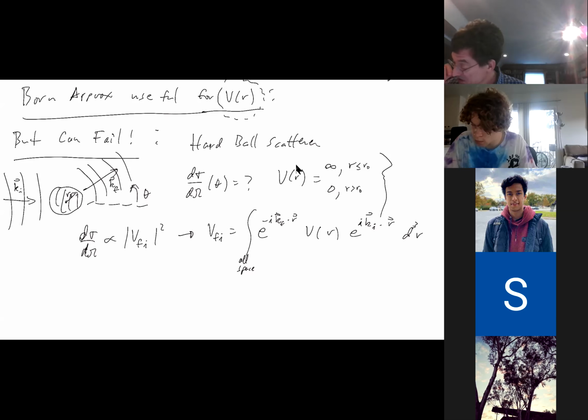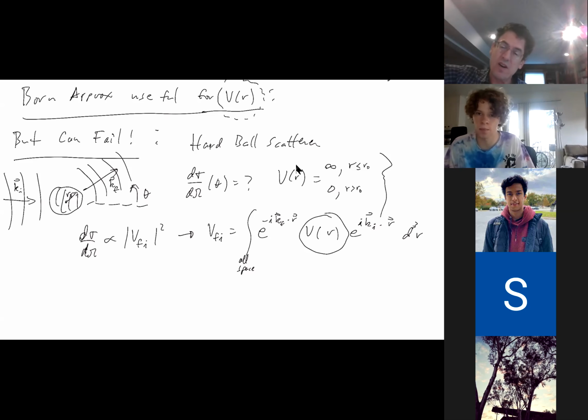But now I just want you to notice something. When I start integrating this over all space, what is this potential going to do? It's going to be 0 far away, but what's going to be close by? What's going to happen when I do this integral over all space?